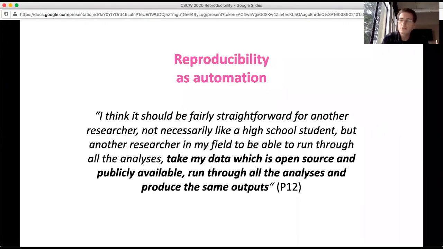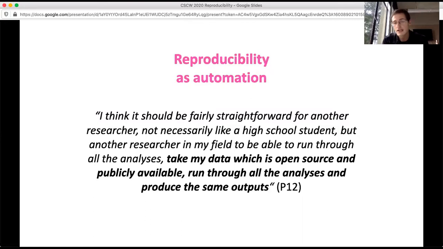So one of the things that emerged in this workshop was an understanding of reproducibility as a kind of recapitulation of a finding. And so this was really taking a computational analysis and running it again from start to finish under, as much as possible, the same sorts of circumstances as before, right? And so this is one of the participants speaking in this kind of mode about reproducibility.